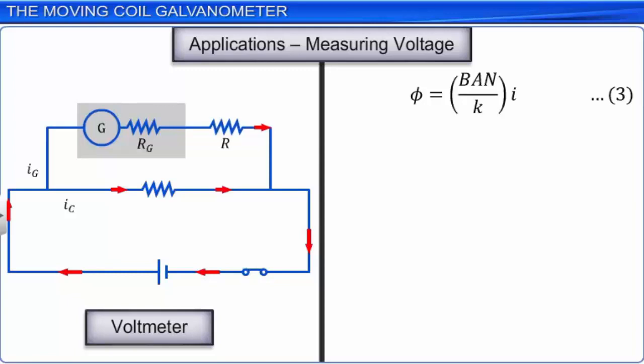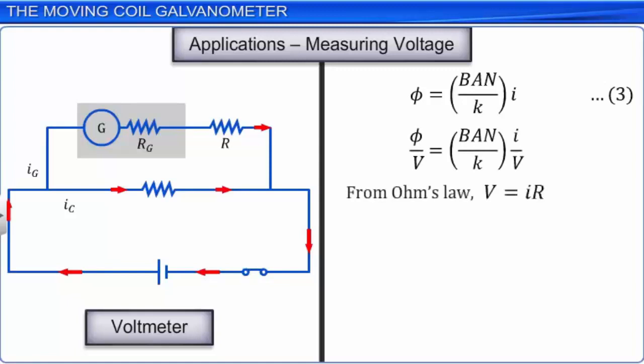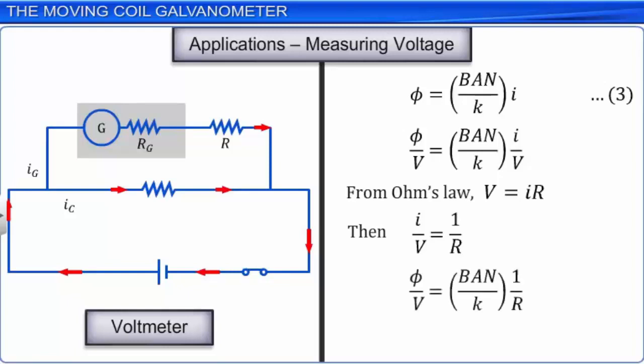Phi by V is equal to BAN by K into I by V. From Ohm's law, V is equal to IR. Then, I by V is equal to 1 by R. Then, the voltage sensitivity, phi by V, is equal to BAN by K into 1 by R.